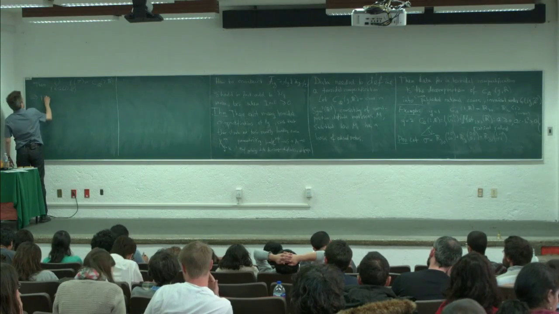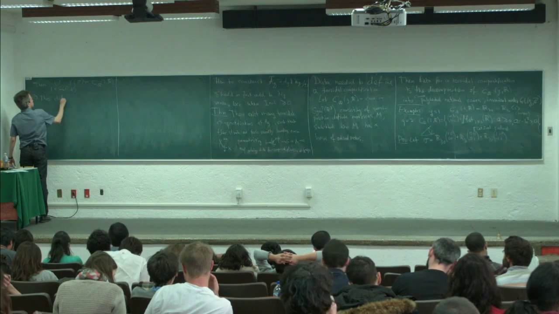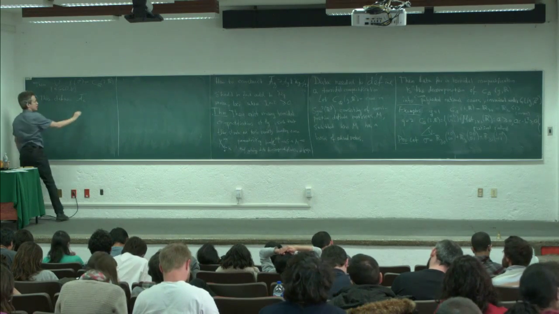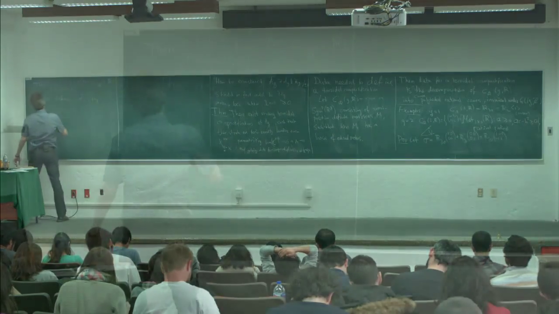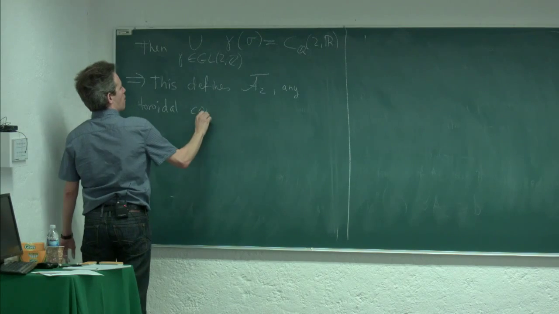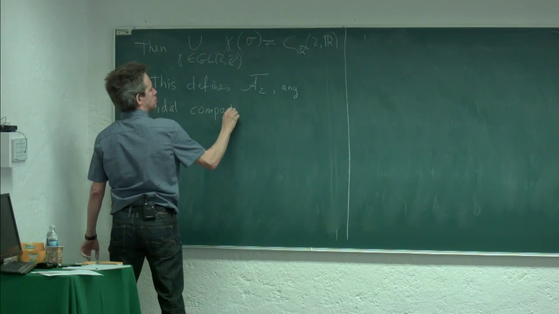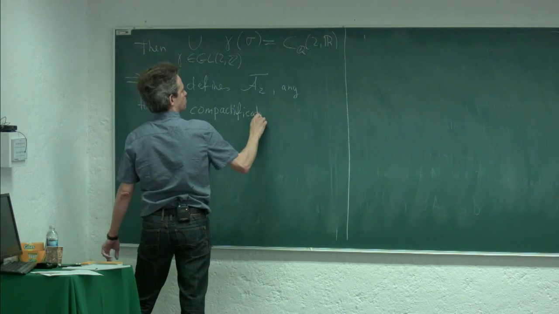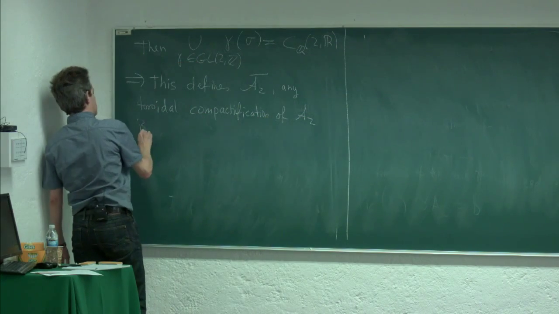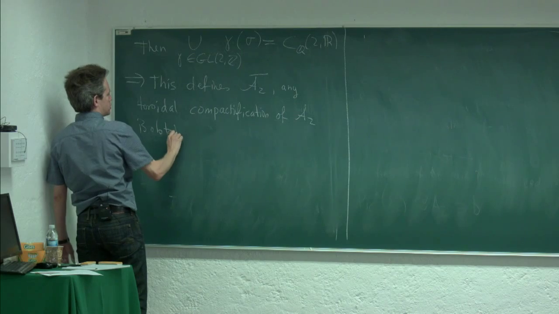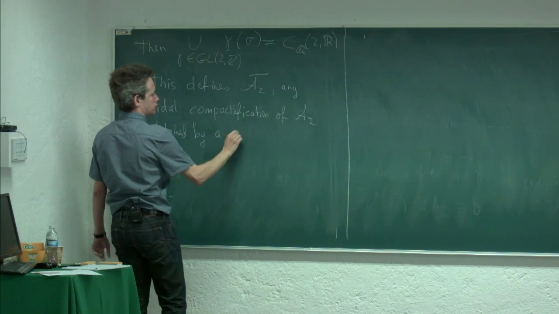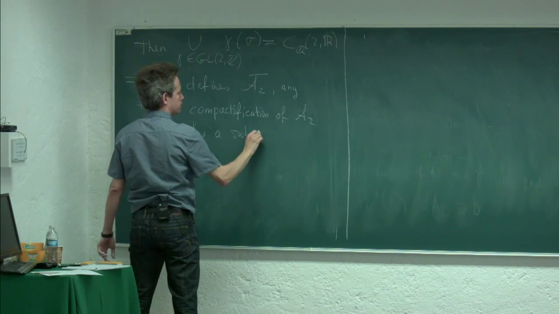And the theorem is that this defines A2 bar, and any toroidal compactification of A2 is obtained by a further subdivision of this sigma.